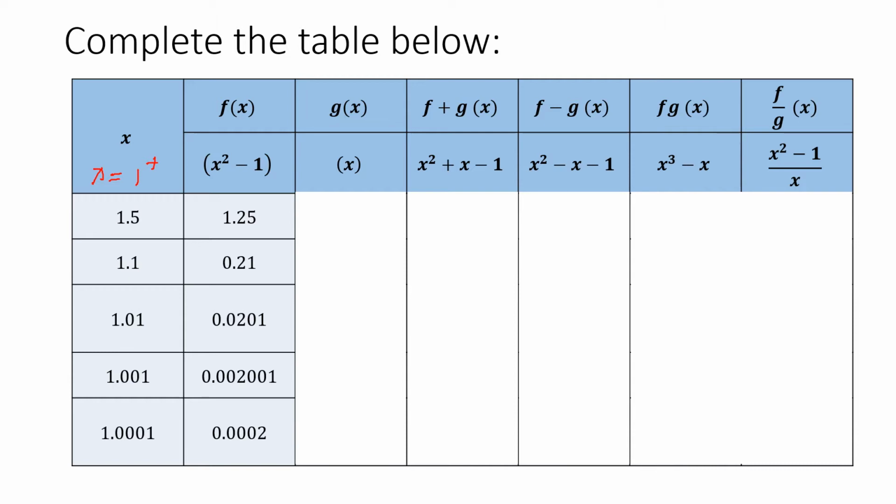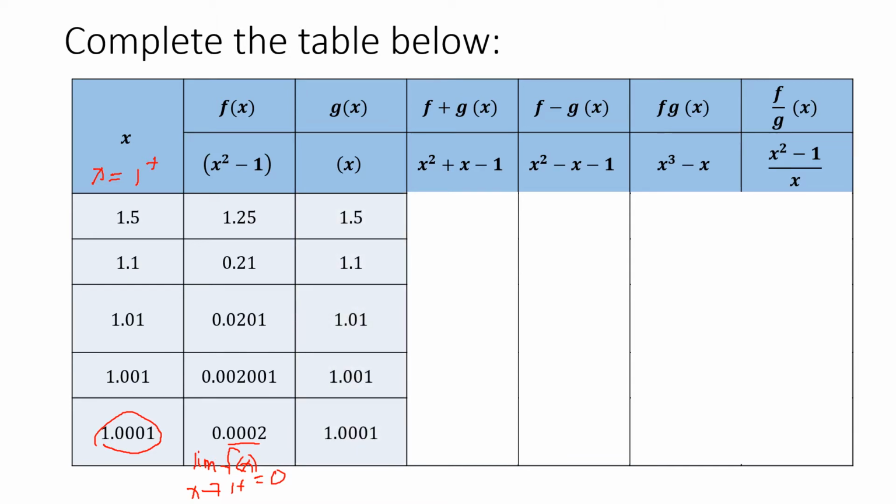Seemingly, as we make the values closer and closer to 1, meaning putting more zeros in between the ones at the ends, the zeros before the 2 would also increase in number. It means that the limit of f of x as x approaches 1 from the right is equal to 0.